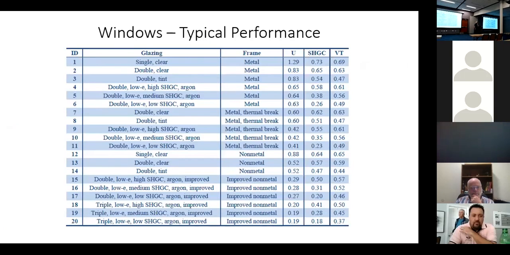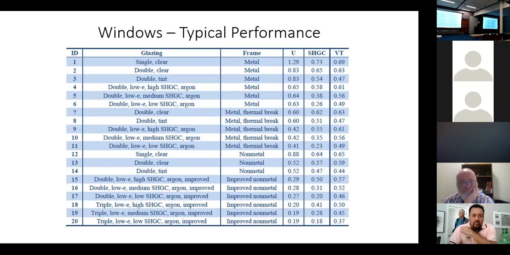So I've talked a bunch about windows, so I threw this table in here. Well, it's not 100% accurate. There might be some that are a little bit better, but generally, this is a good guideline for what your U factor is going to be for different types of windows.